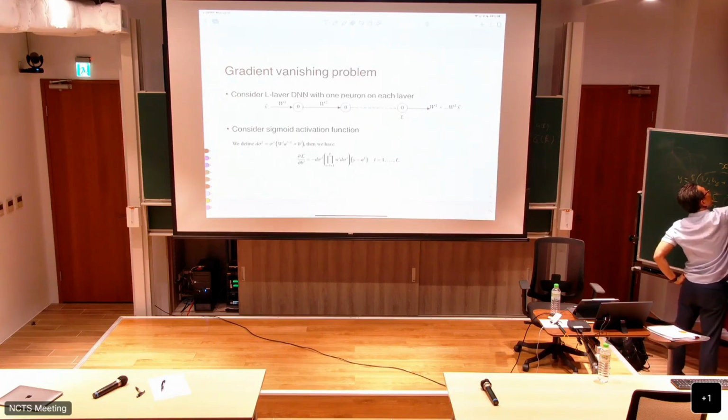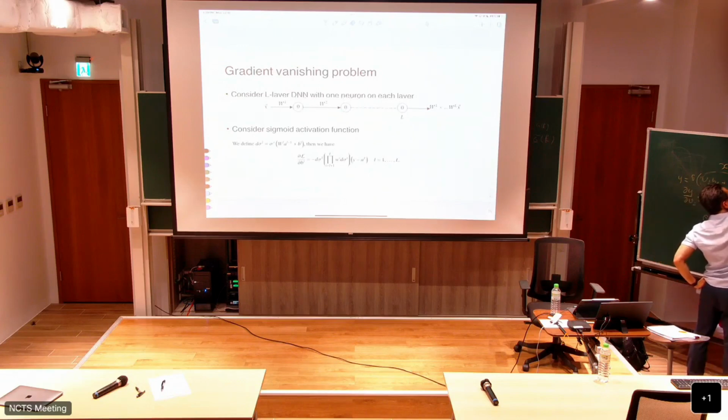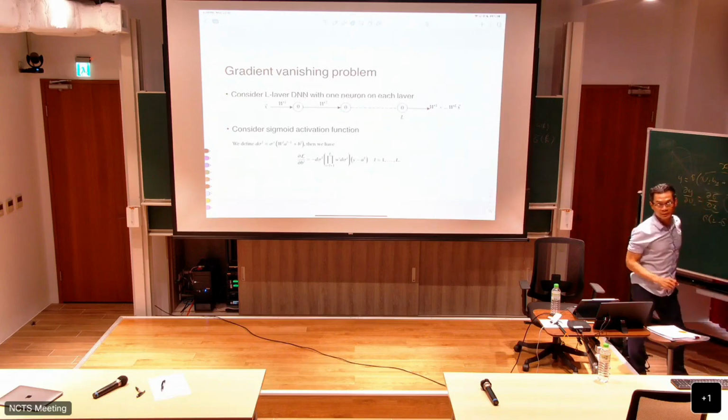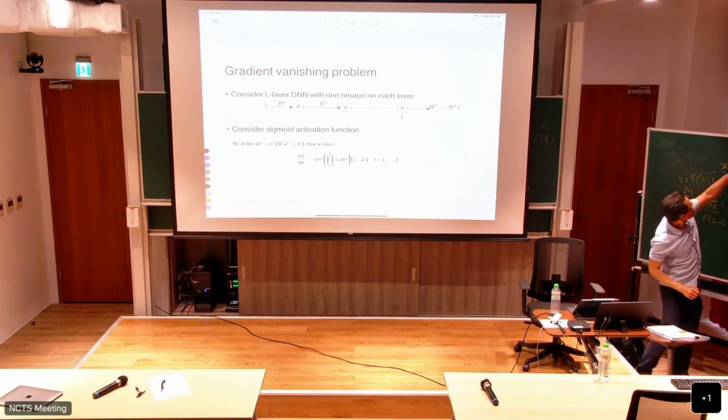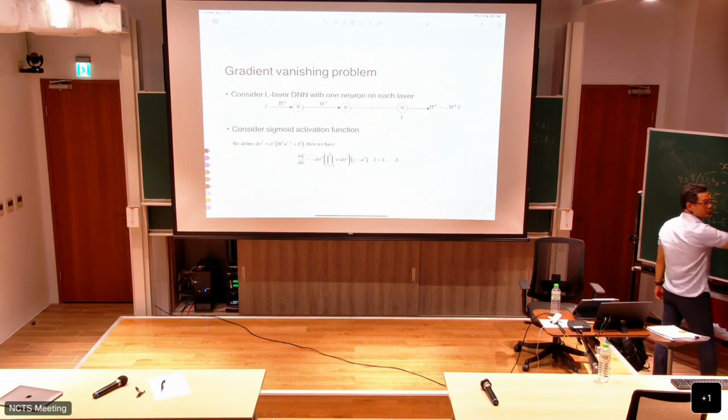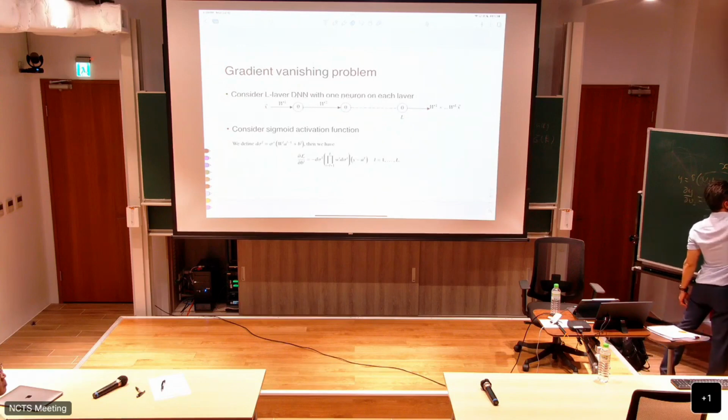The sigma I is the w_i y_{i-1} plus b_i, right? So if I want to calculate the dy_i with respect to dy_{i-1}, this is nothing more than, of course, chain rule: the derivative of sigma I first, and then with respect to its arguments, and then the derivative of its argument with respect to y_{i-1}, which is w_i.